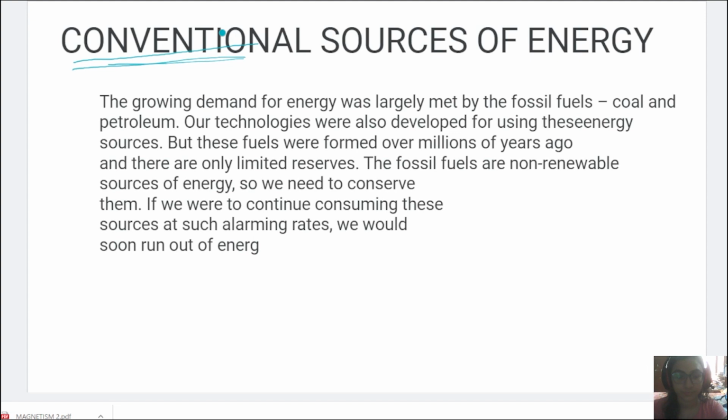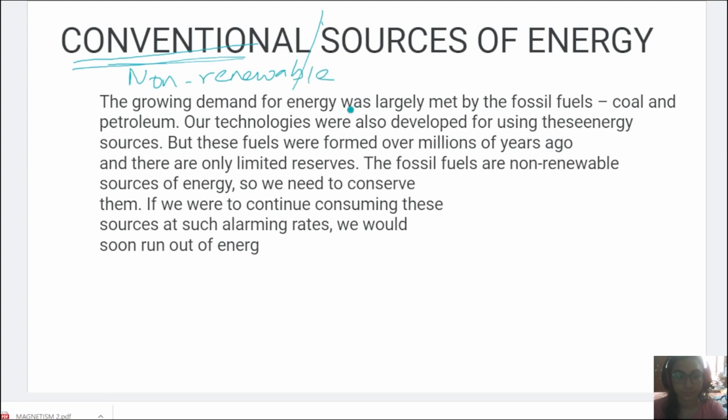It takes a huge amount of time, and for humanity to sustain, we won't have that much time to create new fossils. So there's a limitation to conventional sources of energy, and that is that they are non-renewable. So conventional can also be called non-renewable.